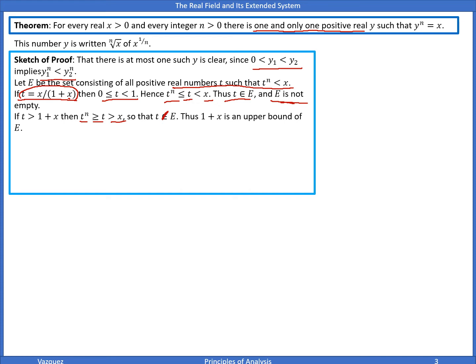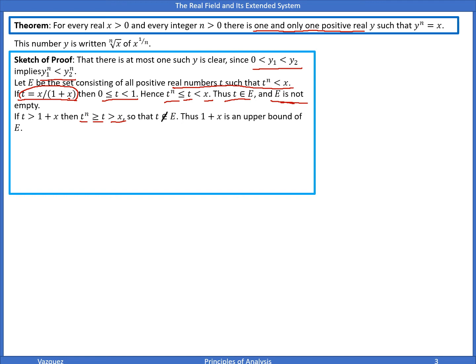Actually, let me write it in black so we can see that. This was confusing. If t is greater than 1 plus x, then t to the n is greater than or equal to t, which is greater than x, so that t is not in E, right? Because it's greater than x. So 1 plus x, we can guarantee, well, that t is an upper bound of E, right? It's not in E, it's greater than it, so it's an upper bound of E.